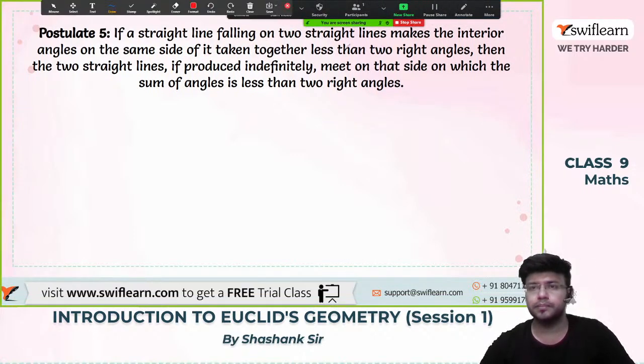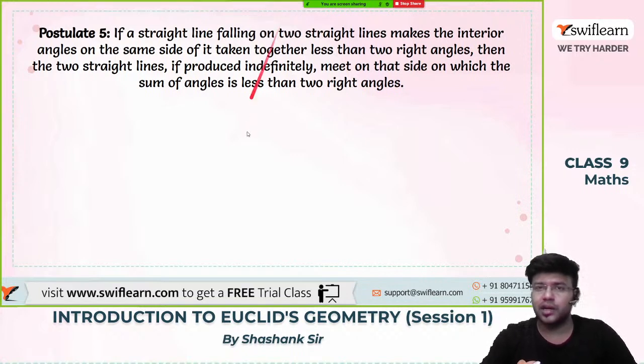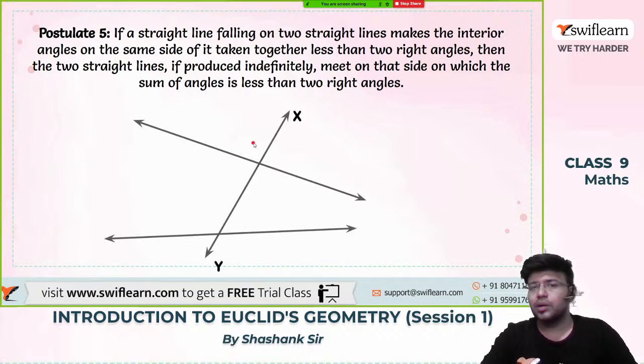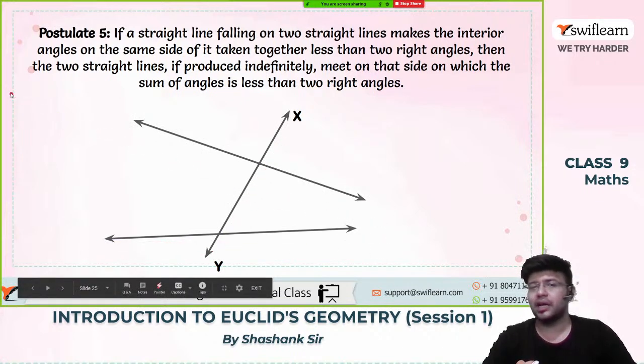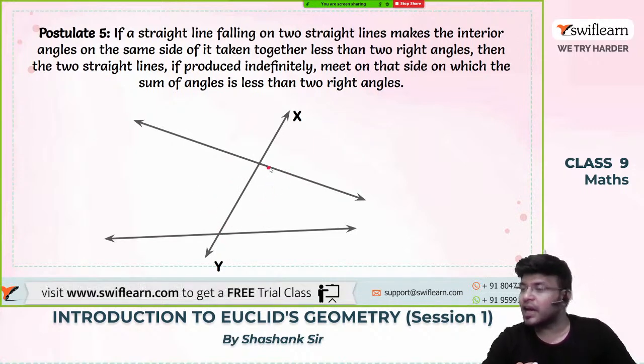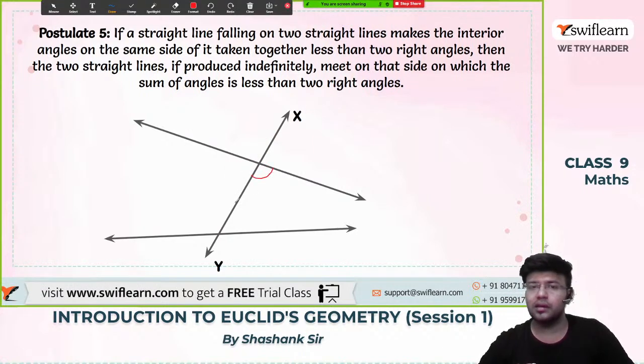See here. If a straight line is falling on two straight lines, you can see the diagram shown here. Now if these angles, if we add them and it is less than two right angles, see this angle and this angle.